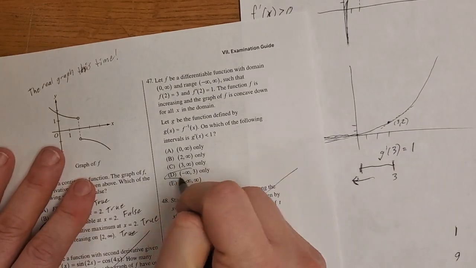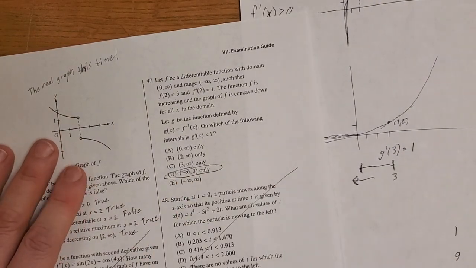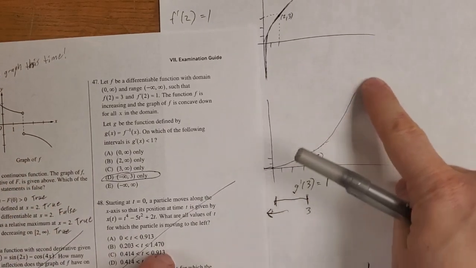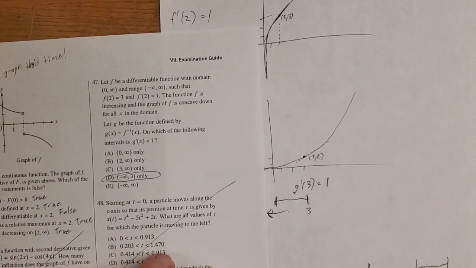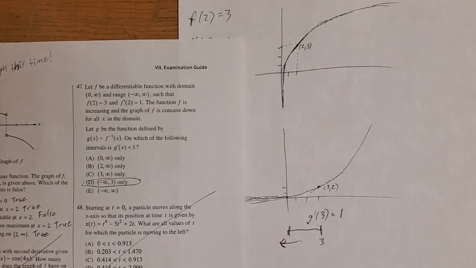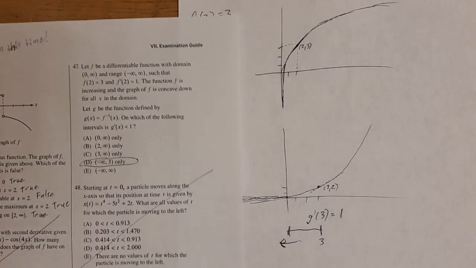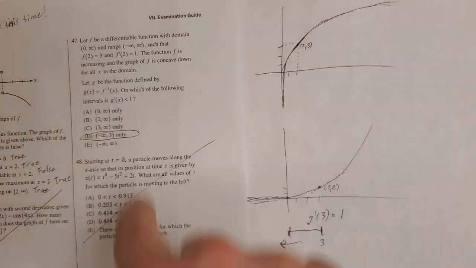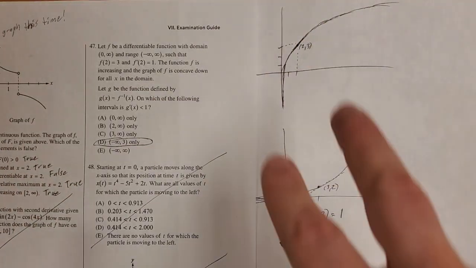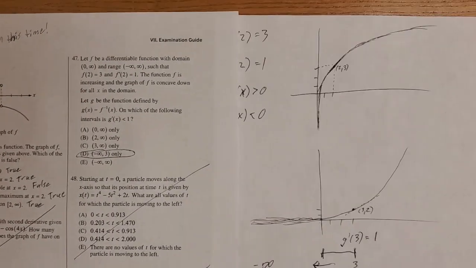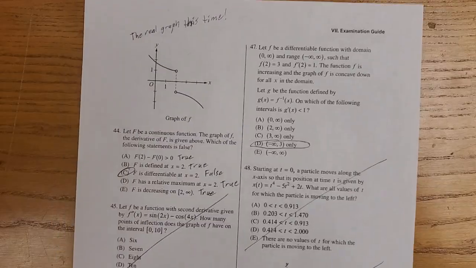It's D. It's everything, and then stopping at 3, because after 3, the slope is greater than 1 as it goes up. So that's a few steps to go through to get to that one. You kind of have to work out what it's saying and then work out what that looks like flopped over. But that's how we do that one.